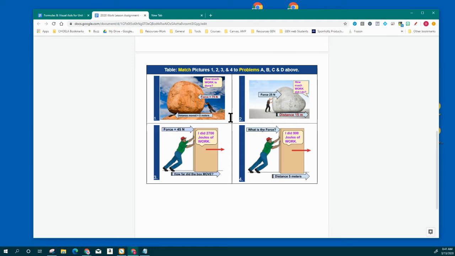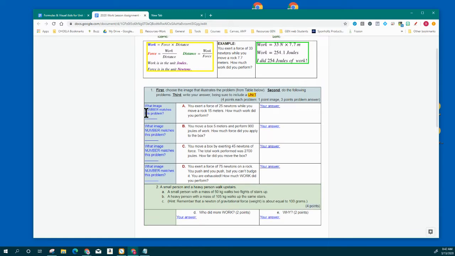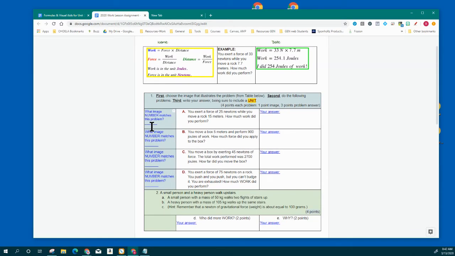Let's focus on picture 2. And picture 2 is correct. We are applying a force of 25 newtons, and we're moving the rock 15 meters. So we get the rock to move a distance of 15 meters. We are applying the force of 25 newtons, and we're asking the question, how much work did we do? So 2 is the correct image for A.